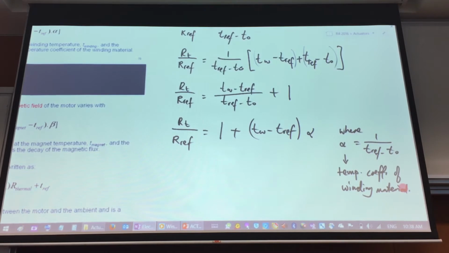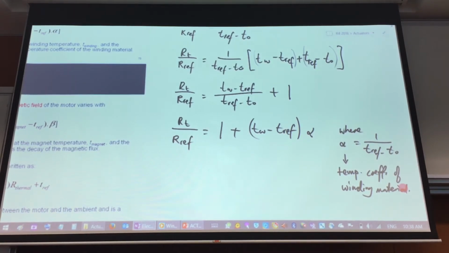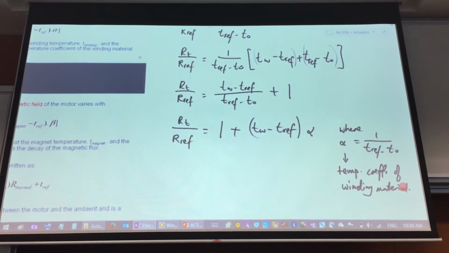The temperature coefficient of the winding material is a characteristic of that material that's coiling your rotor. So you can see that if you increase your winding temperature, that means you put in a lot of current to that rotor coil.